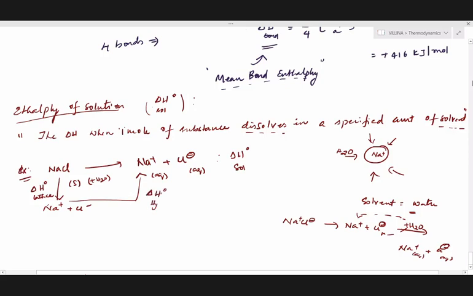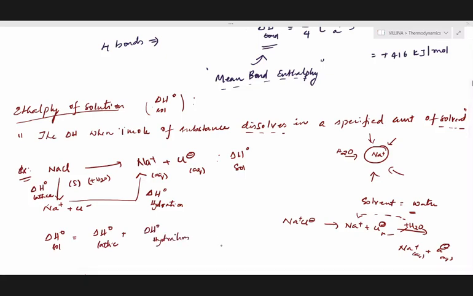That will be treated as enthalpy of hydration, or simply hydration enthalpy. So, for any given ionic compound, enthalpy of solution will be equal to standard lattice enthalpy plus enthalpy of hydration, or simply hydration enthalpy.